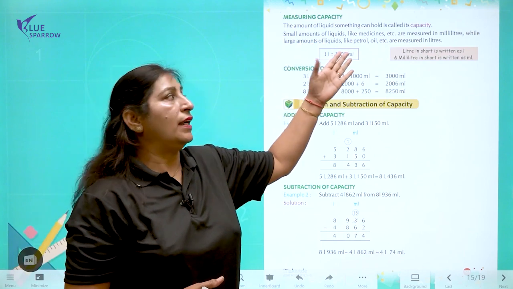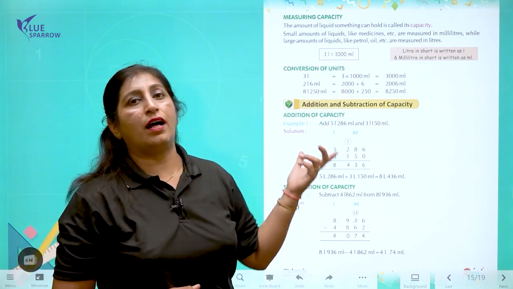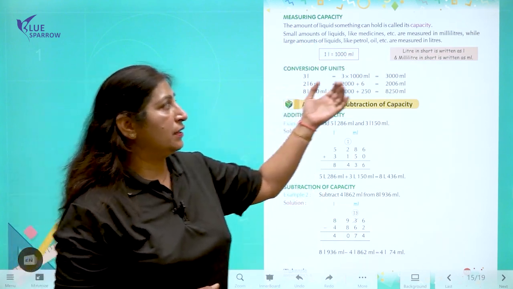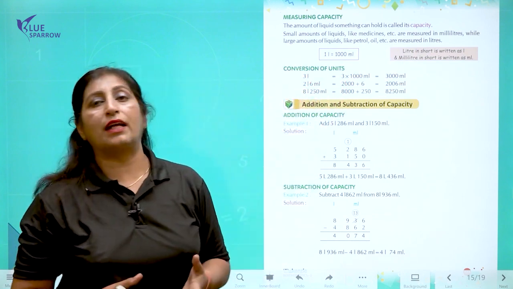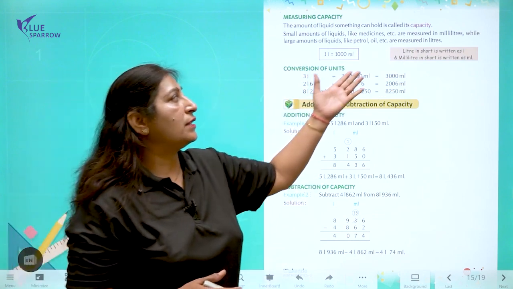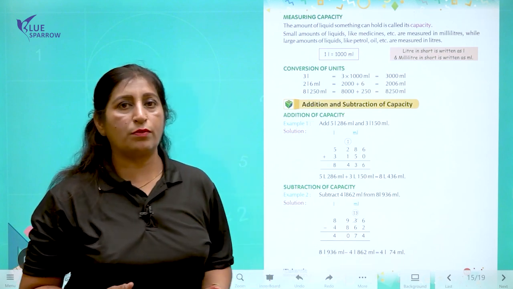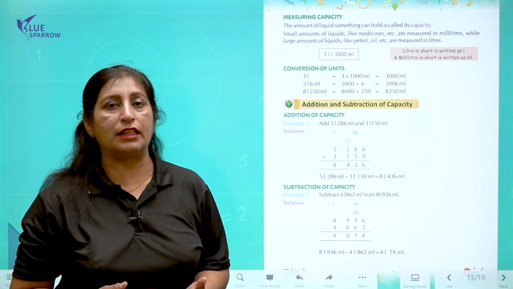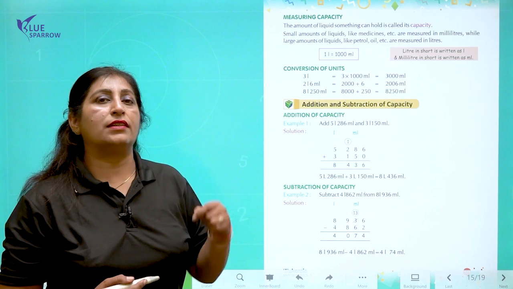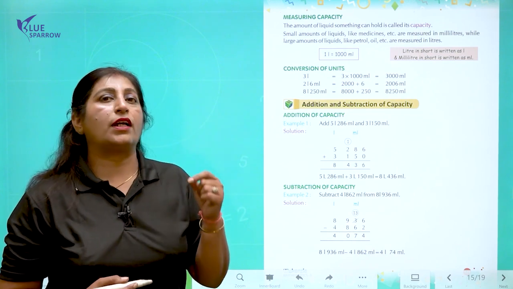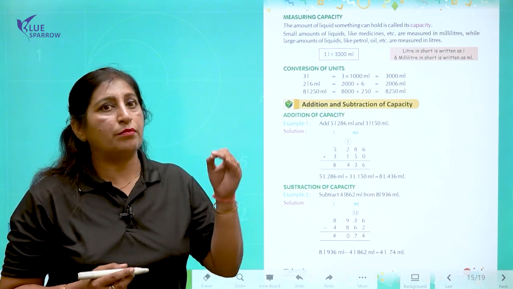Small amounts of liquid like medicines etc. are measured in milliliters, while large amounts of liquids like petrol and oil are measured in liters. Cooking oil is also measured in liters, milk is also measured in liters. So you can say that the liquids that are required in small quantities are measured in milliliters.